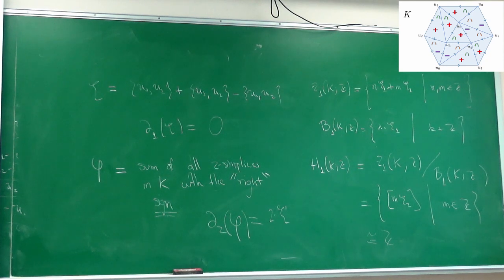What do you mean by right sign again? This is the right sign, the sign that I just put here in the picture. It's the sign so that all the interior edges cancel out when I take the boundary. It's all the green triangles minus all the orange. Exactly right. The sum of all the green triangles minus the sum of all the orange triangles. So you get twice this guy.